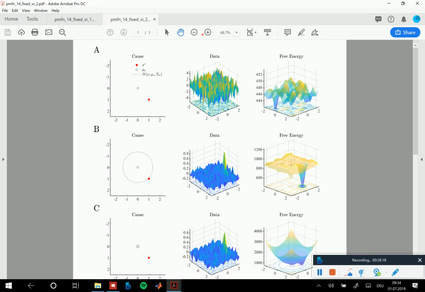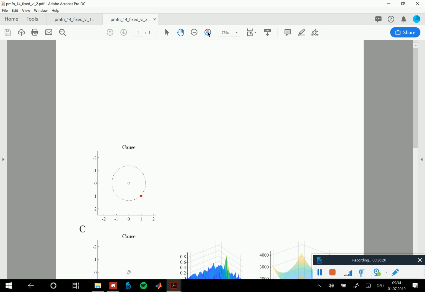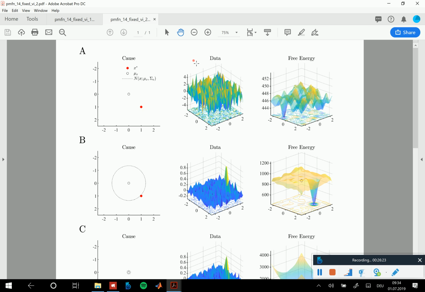So here are 3 examples where the whole free energy principle is still there, but it doesn't really work. So this is an example where the prior is very broad, so you don't see any isocontour of it. It's there, but it's very broad, and at the same time the prior precision is very low. At the same time, the data precision is also very low. So you see that you have a hard time identifying the bump in the data, which is still at 1,1, so you don't see it.